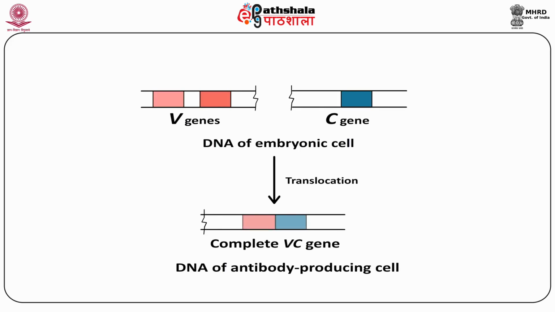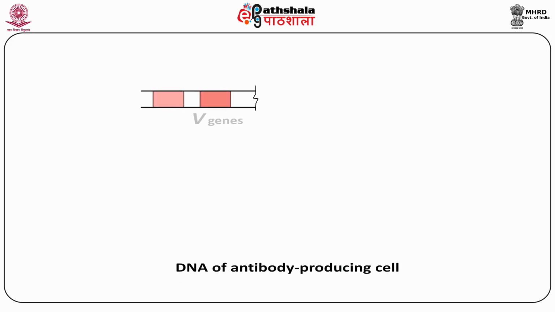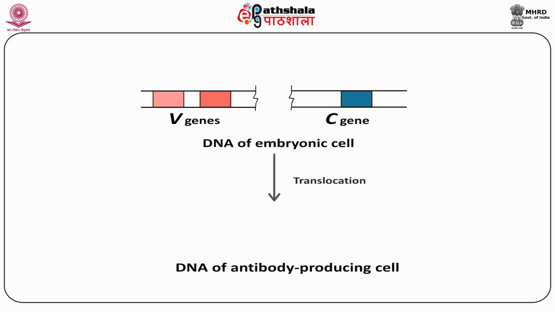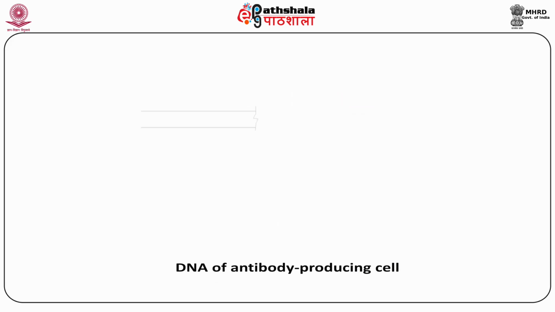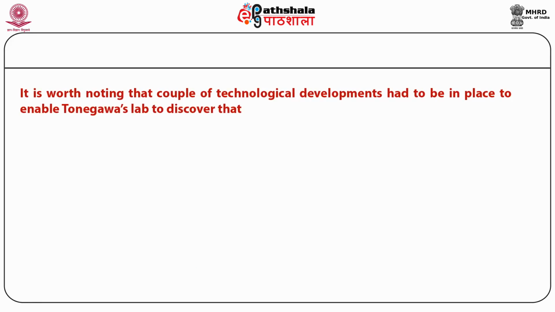In 1976, Susumu Tonegawa discovered that V and C genes are at a distance in embryonic DNA but are closely associated in the B lymphocyte. It is worth noting that a couple of technological developments had to be in place to enable Tonegawa's lab to discover this.